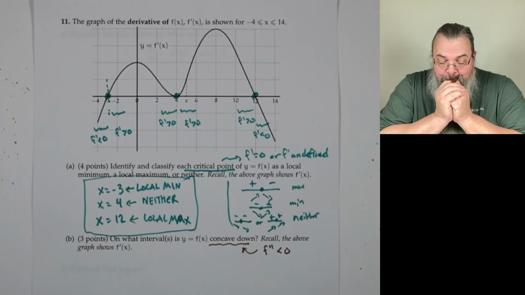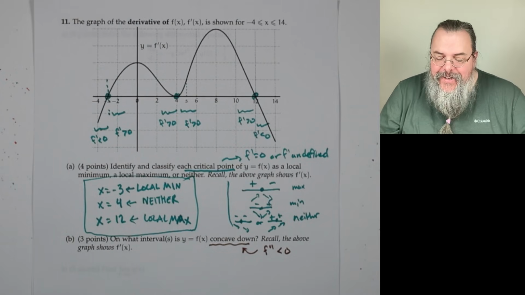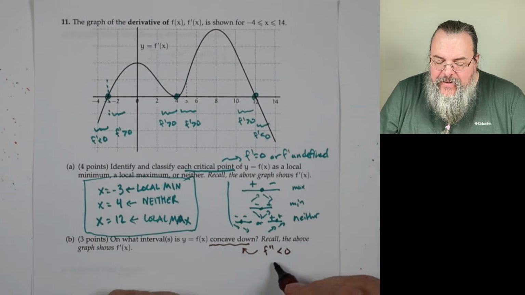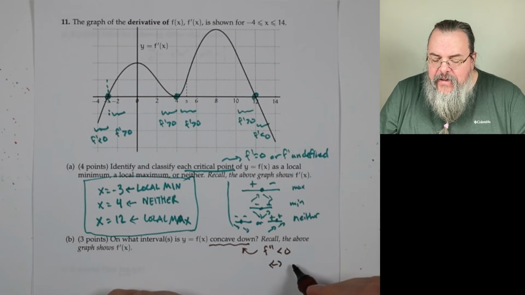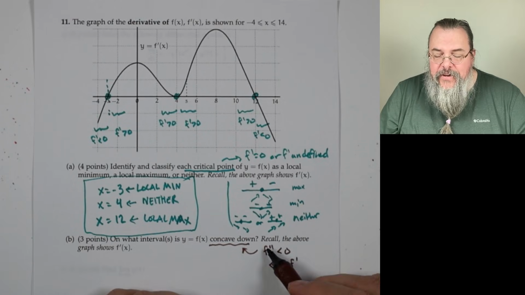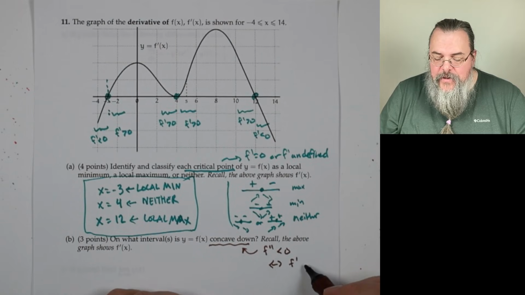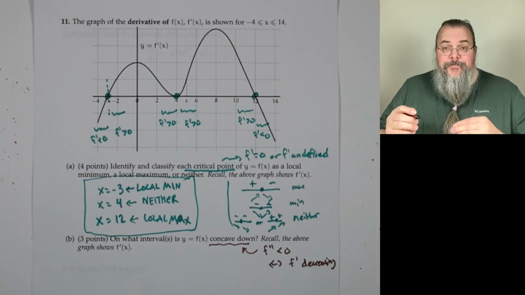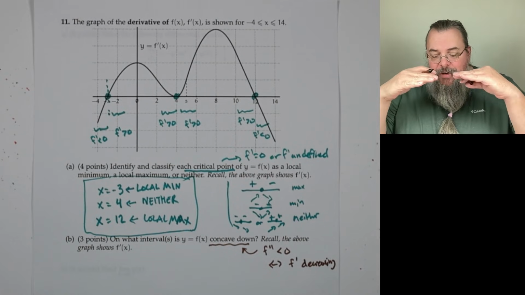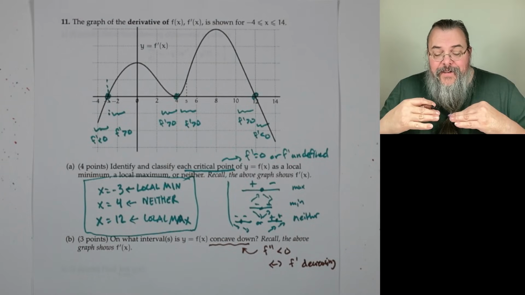Now, there's another way to say this. Concave down, this is the same as saying, think about it in terms of the first derivative. If the second derivative is negative, what does it say about the first derivative? It says your first derivative is decreasing. First derivative decreasing means that the derivative of the derivative, the second derivative, is negative.